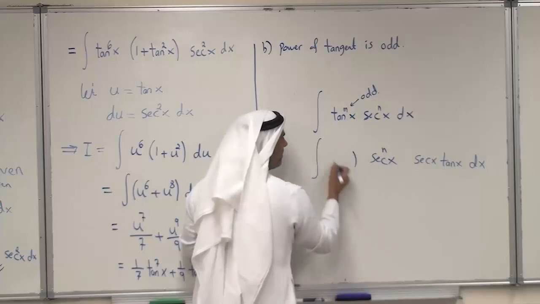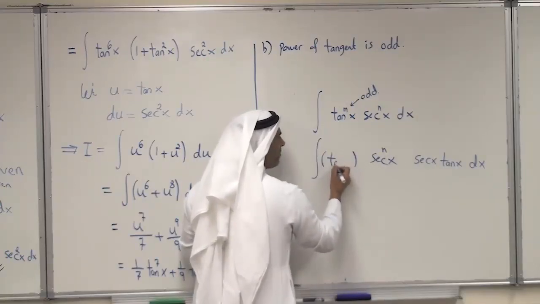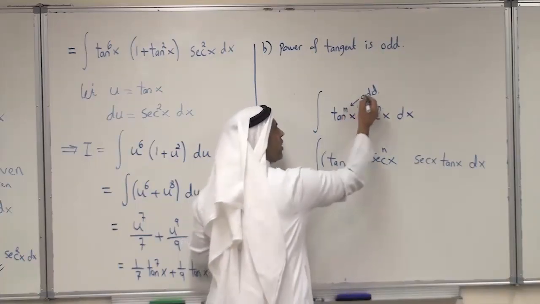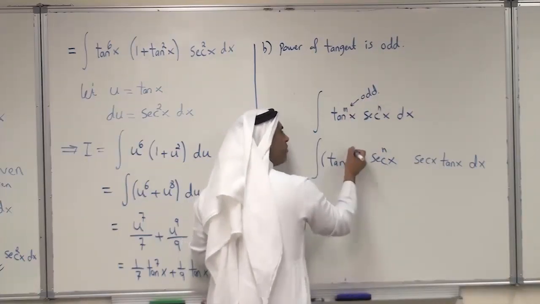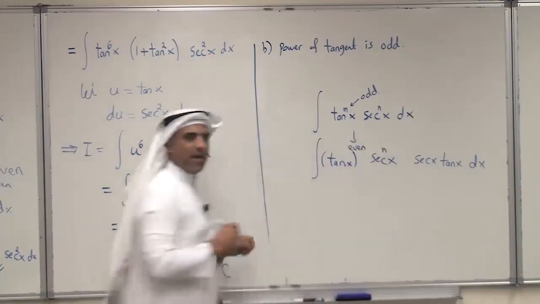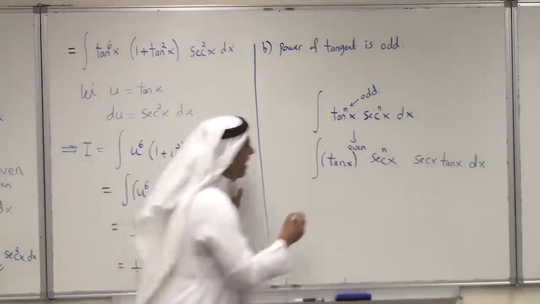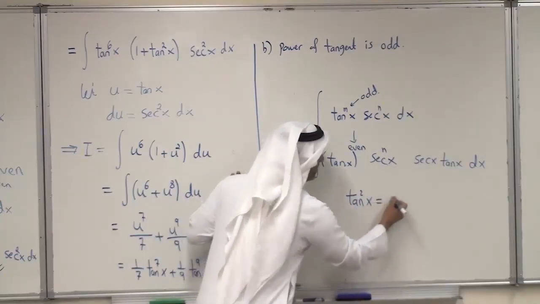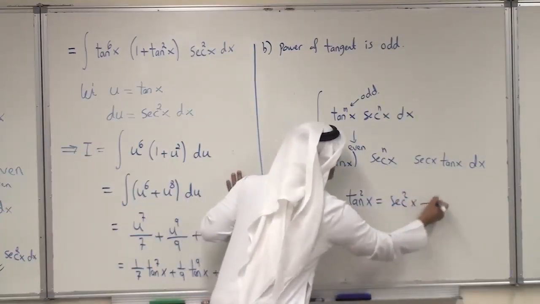What about this one here? If you separate from it one tangent of x, this is m, which is odd. M minus 1 will be what? M minus 1 will be even. And if it is even, then I can replace tangent squared of x with what? Secant squared of x minus 1.